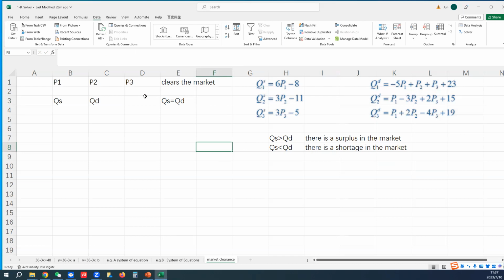Okay, and when QS just equal to QD, then the market clears. So here we have market one, market two, and market three.